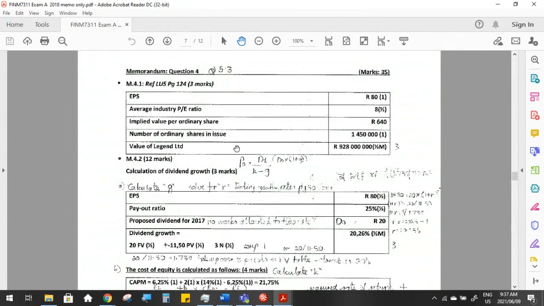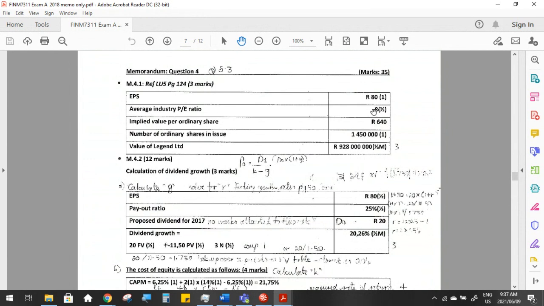Our PE ratio is equal to the current price of the company over the EPS of the company. And we have to solve for the price; they've given us the EPS and they've given us the actual ratio, the 8.